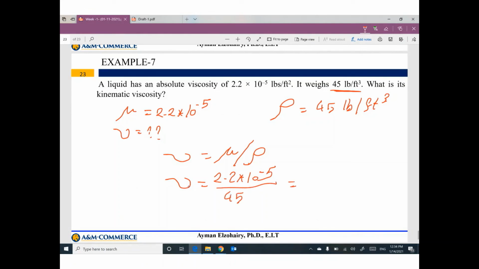I can figure out the value of nu, which will be 0.0000489, or equal to 0.489 times 10 to the power negative 6.